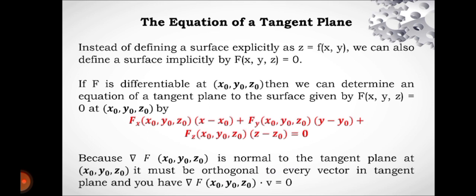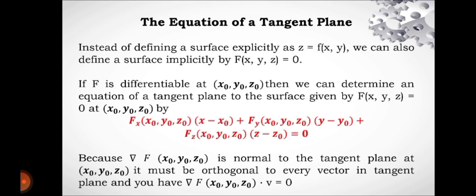at (x0, y0, z0) by fx(x0, y0, z0)(x − x0) + fy(x0, y0, z0)(y − y0) + fz(x0, y0, z0)(z − z0) = 0, because the gradient of f at (x0, y0, z0) is normal to the tangent plane at (x0, y0, z0).